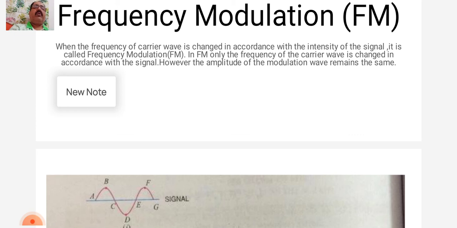However, during the negative peak of the signal, as at point D, the carrier frequency is reduced to minimum, as shown by the widely spread cycle.